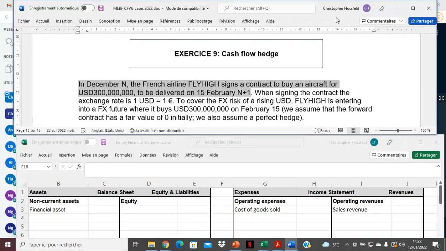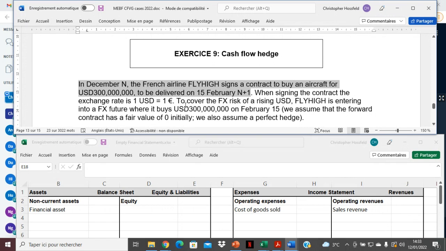Can someone tell me? Nothing. Well, that's correct, because ordering something is not a transaction. That means when we sign the contract, there is no accounting entry.